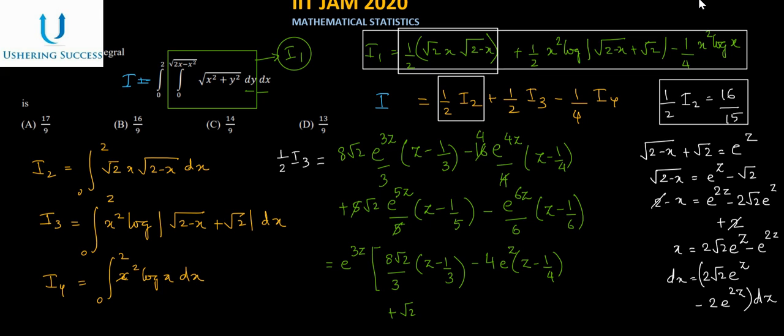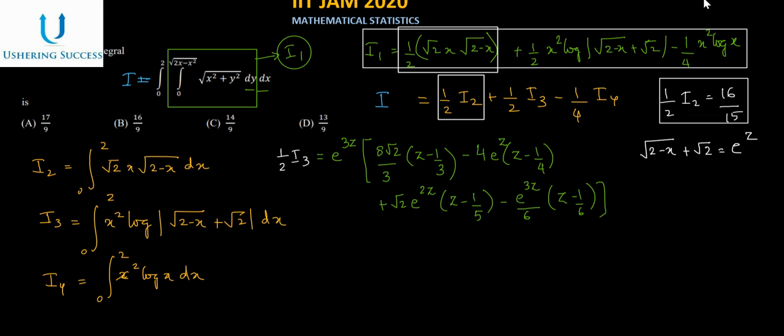So root 2 e to the power 2z into z minus 1 by 5, minus e to the power 3z by 6 into z minus 1 by 6. So this is the final form of this integral.